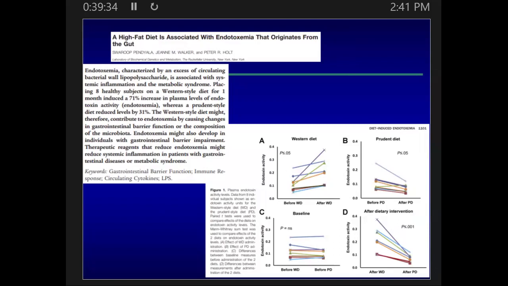This was only done with 8 humans, but a Western diet for 1 month induced a 71% increase in blood levels of endotoxin, whereas a more healthy diet reduced levels by 31%. So the Western diet might contribute to endotoxins in the full body through the bloodstream.